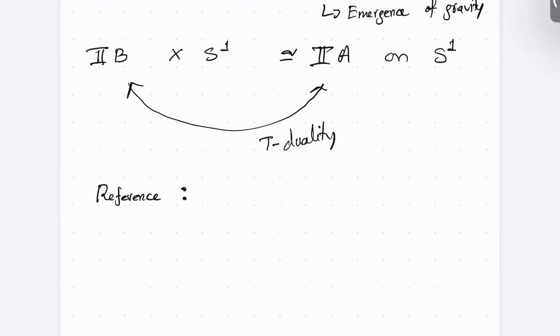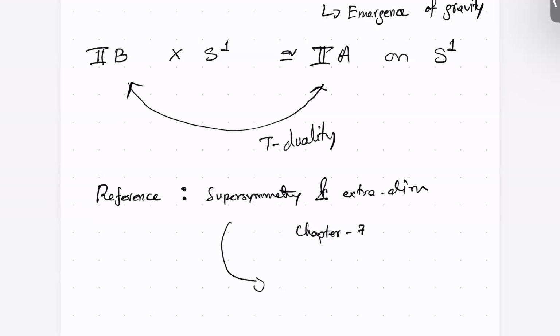So the reference for the comment that Arno made is to look into supersymmetry and extra dimensions. This is a lecture note. You can just pick up chapter 7, I think. This is a note by another one of our speakers. He has amazing lectures on supersymmetry on the internet, given at Cambridge.